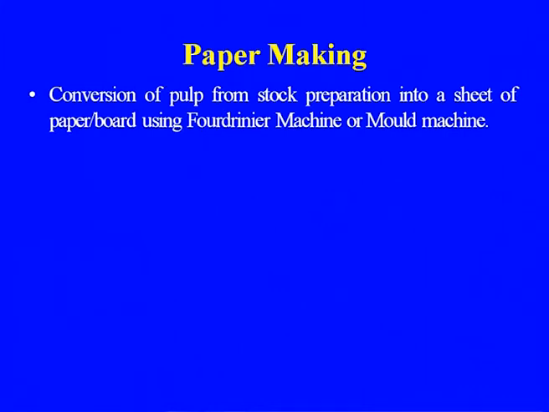Paper making is the part after stock preparation, and it consists of the conversion of the pulp from stock preparation into a sheet of paper or board.